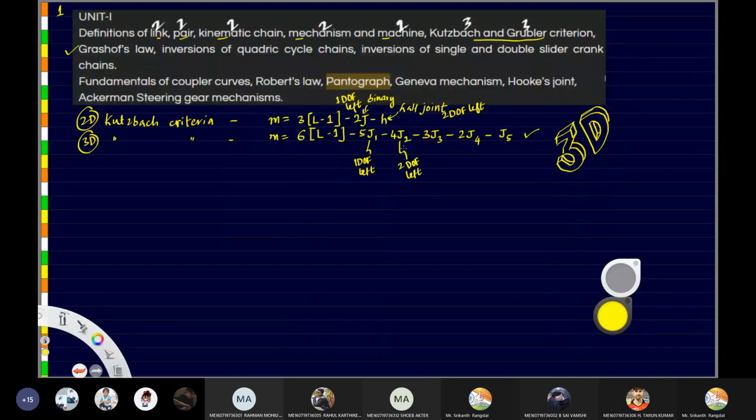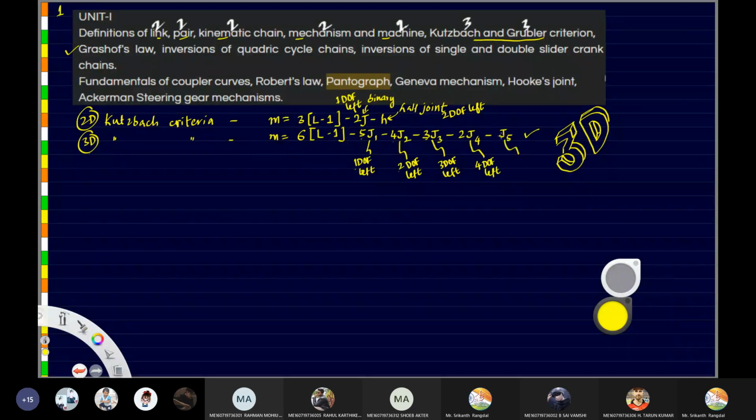So how many are constrained? Here 5 are constrained, 1 is left. Here 4 are constrained, 2 are left. And here 3 will be constrained and 3 will be left. Getting it? Here 2 will be constrained and 4 will be left.